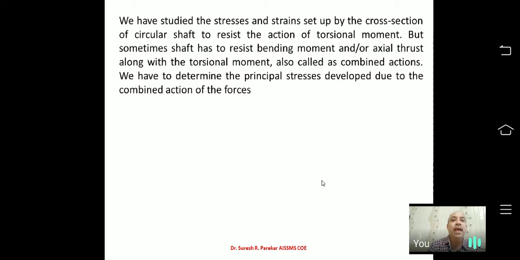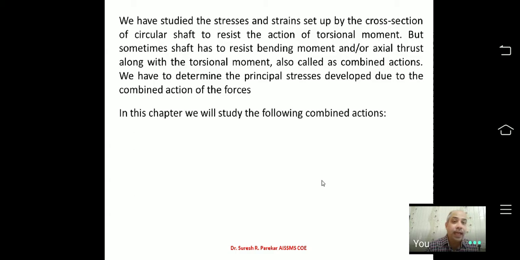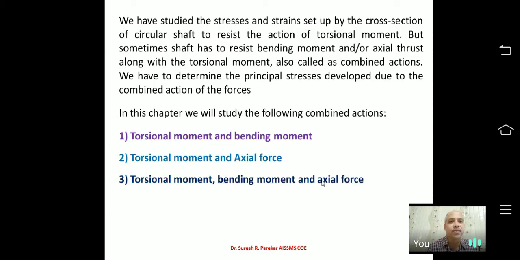Now we have studied the stresses, so I just mentioned these three types of stresses: shear stress due to torsion, bending stress due to moment, and axial stress due to axial force. Now here we have these three combinations which we have already mentioned, and now we will start with the first combination, which is torsional moment and bending moment.